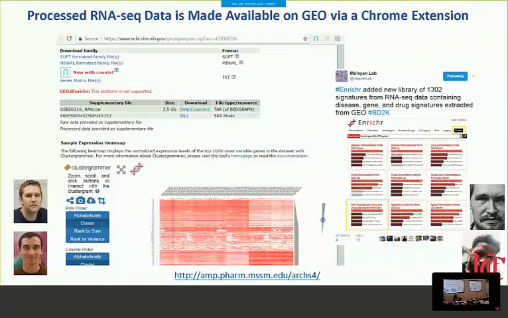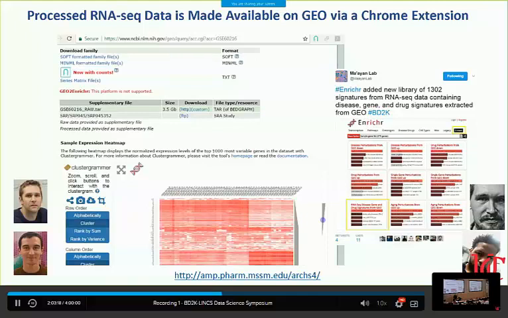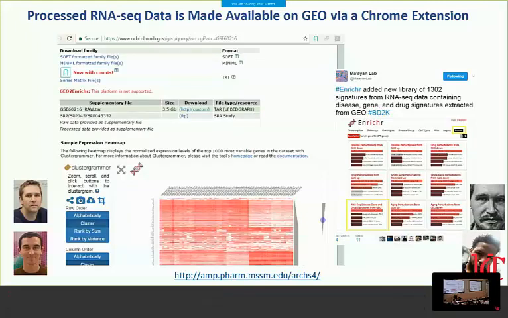And there is also a way to get the data directly from GEO through a Chrome extension that was developed by both Dennis and Alex, where you can now install the Chrome extension and get the processed data on the GEO page.